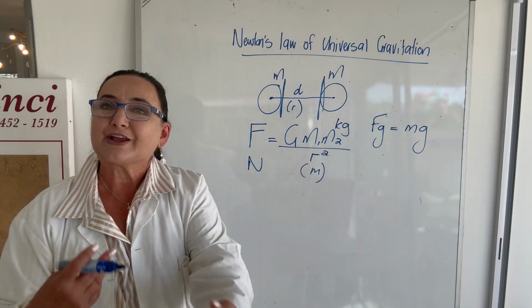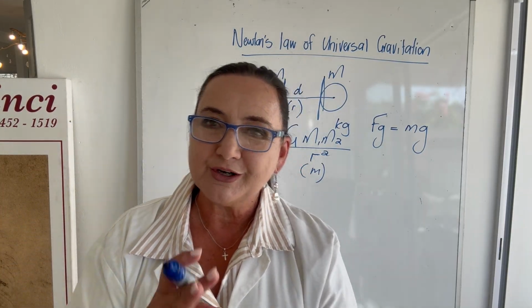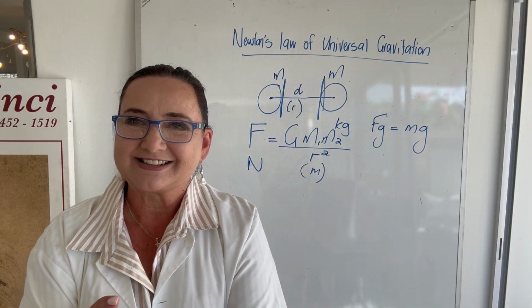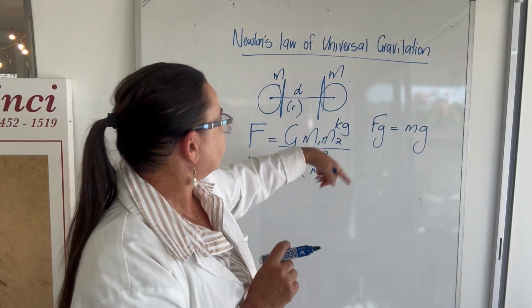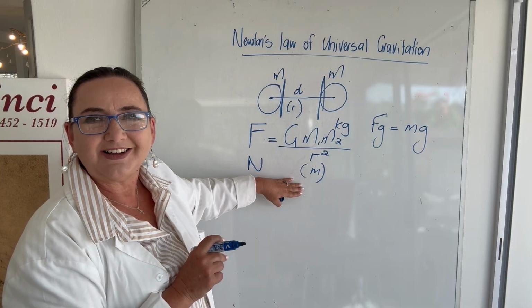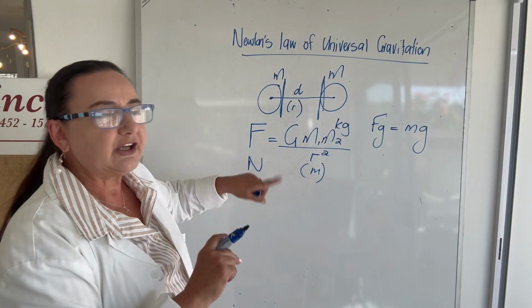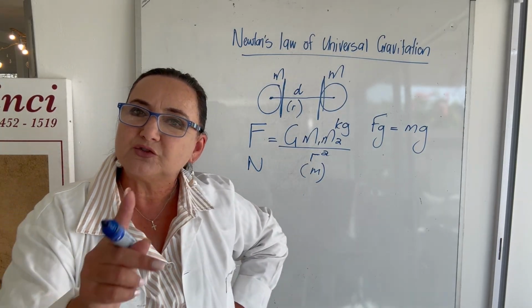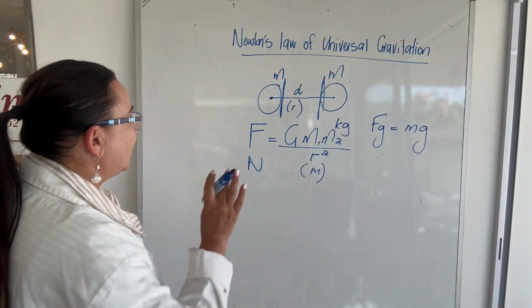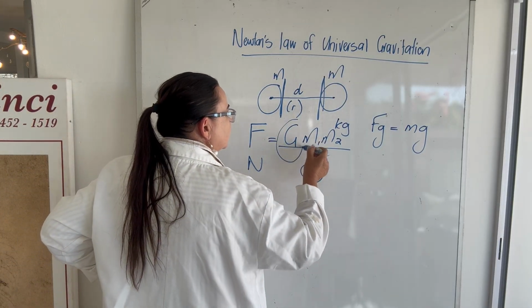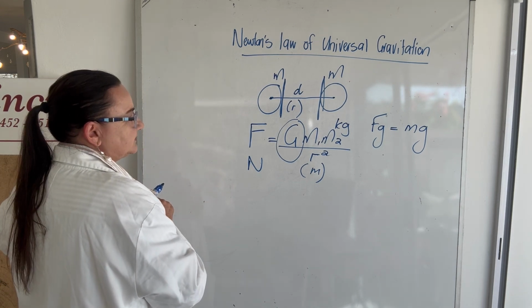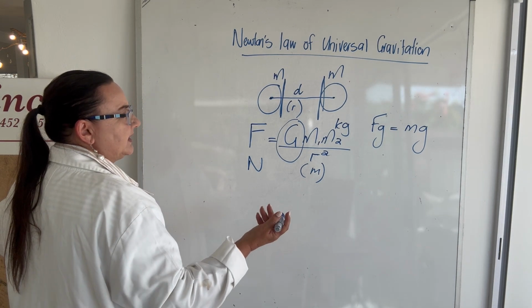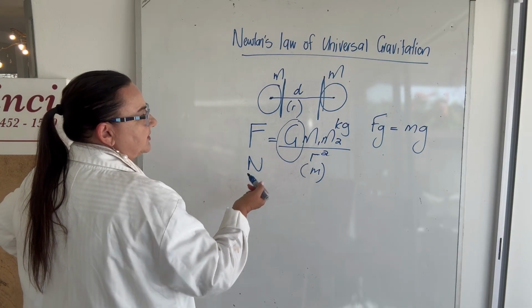So one thing that I could ask you, for instance, if we want to start playing around with units, I could tell you, all right, use this law, this formula, and work out for me what would be the unit of G. What would be the unit of G, the gravitational constant? So what I'm going to do, I'm going to try and get G on its own.